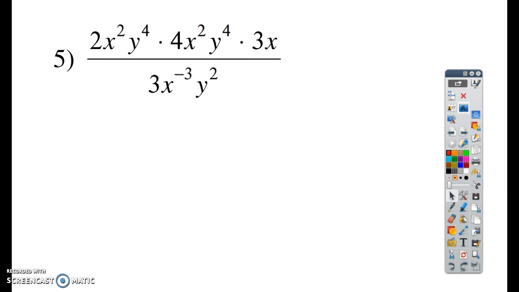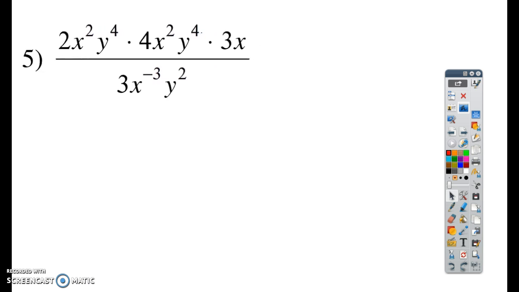There's a lot to expand on this one. And the first thing you need to know is that there is a negative exponent. So that x to the negative 3rd power is going to go to the top. So we just expand it again.